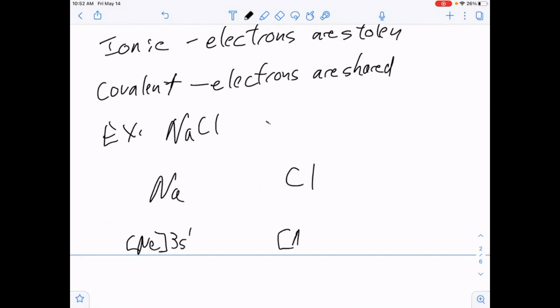Chlorine is neon 3s2, 3p5. So what we have here is sodium has one valence electron, and chlorine has 7 valence electrons. I'm going to use X's for the chlorine.